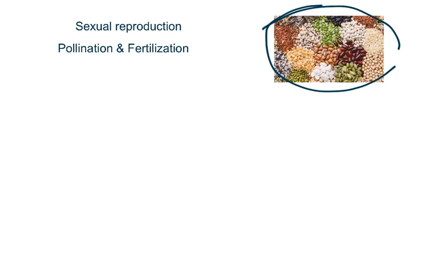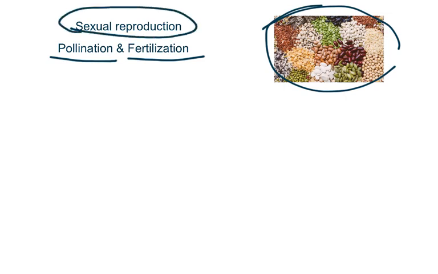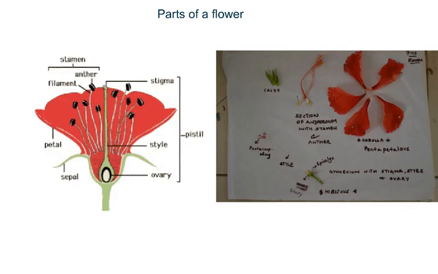I repeat, seed is produced from a flower by the process of pollination and fertilization. This process is known as sexual reproduction. To understand how seeds are formed in a flower, first we need to understand parts of a flower. Let's see a few parts of a flower and their functions.